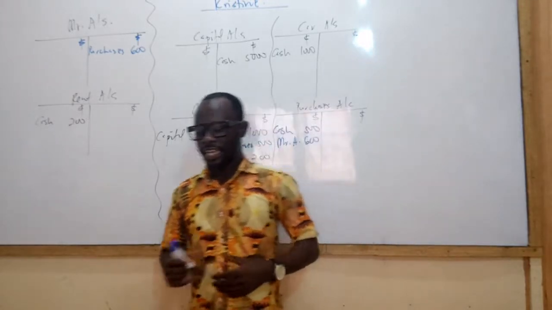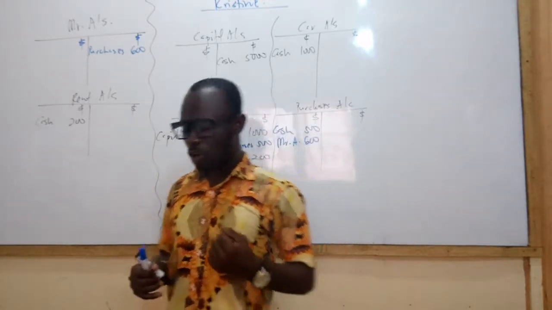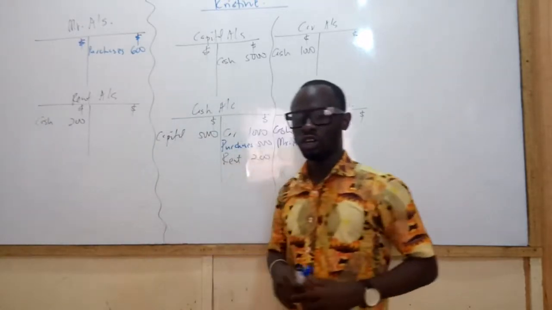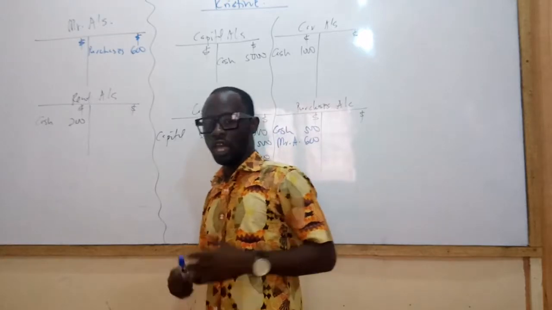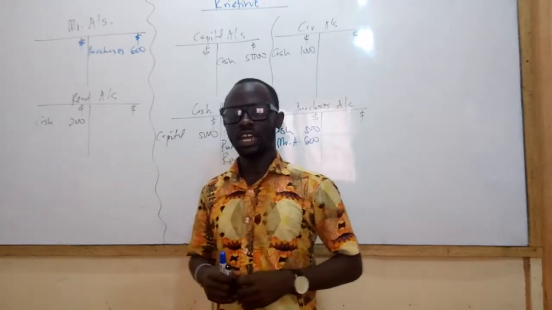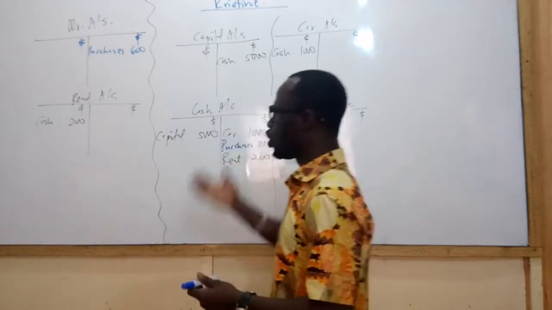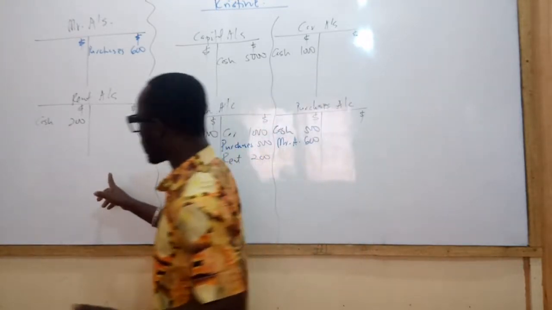Next, they sell half of the goods for cash, $800, meaning the organization undertook a cash sale. So if there is a cash sale, what do we do? What do we do when there is a cash sale?